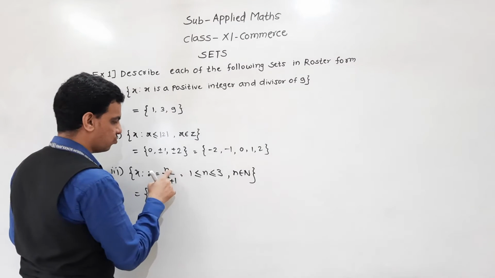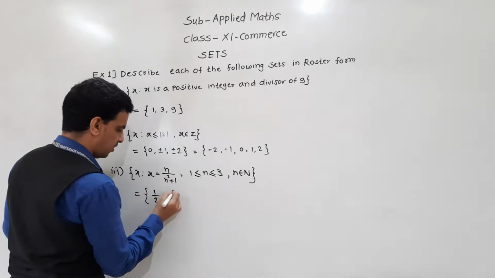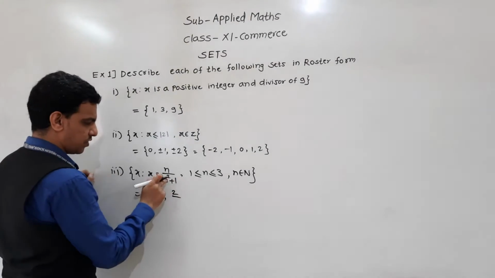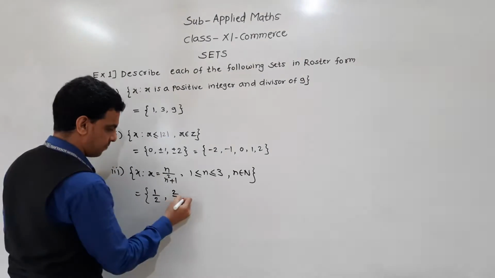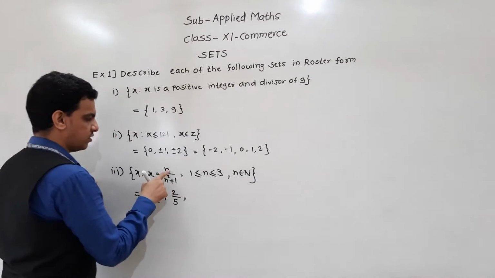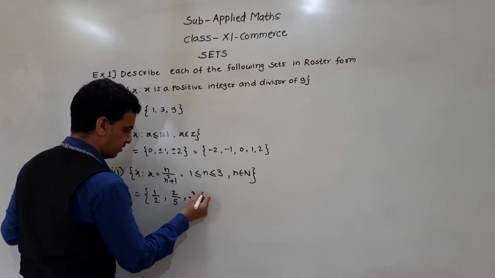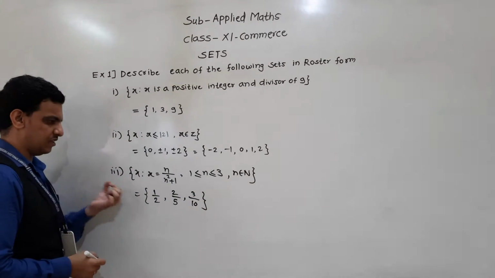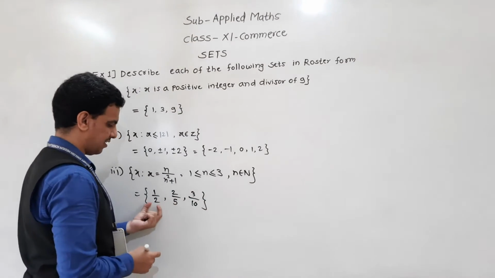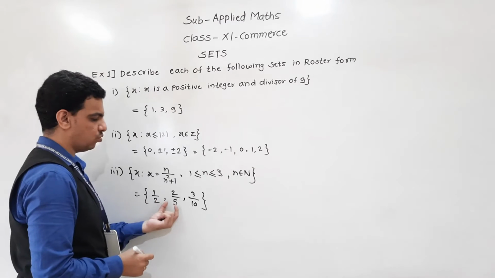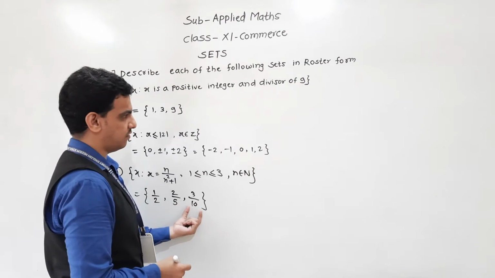When we take n is 2, so 2 upon 2 square plus 1, 2 square is 4, 4 plus 1 is 5. Then n is equal to 3, 3 upon 3 square is 9, 9 plus 1, 10. Okay, so this set contains 3 elements, 1 by 2, 2 by 5 and 3 by 10.